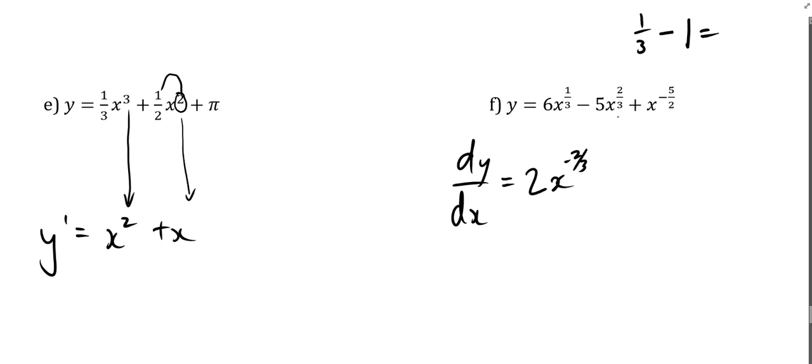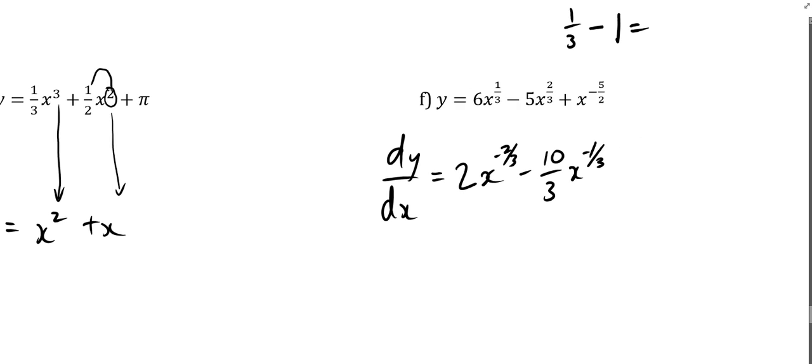It's negative 2/3. So the next one, what's negative 5 times 2/3? Jason? Good. Negative 10/3 x. And if I reduce 2/3 by 1, go ahead. And then the last one, so, oops. The coefficient is 1.